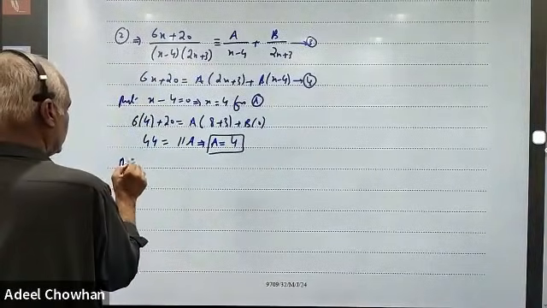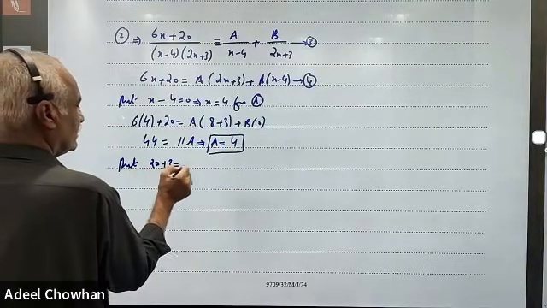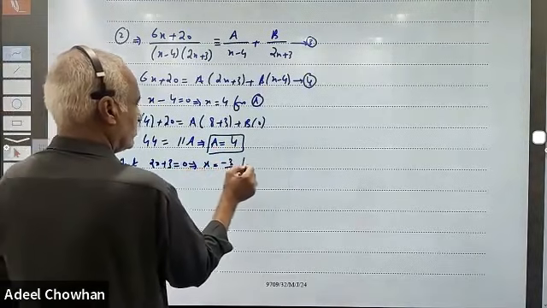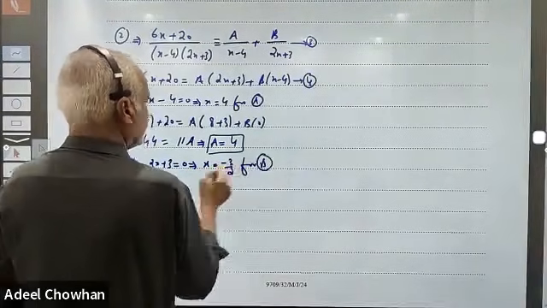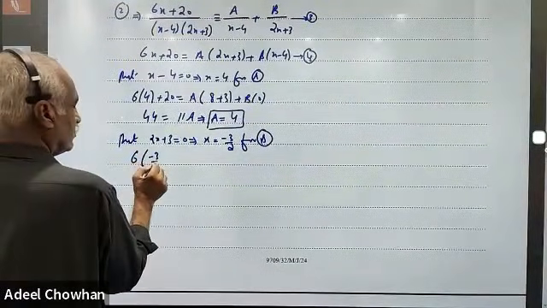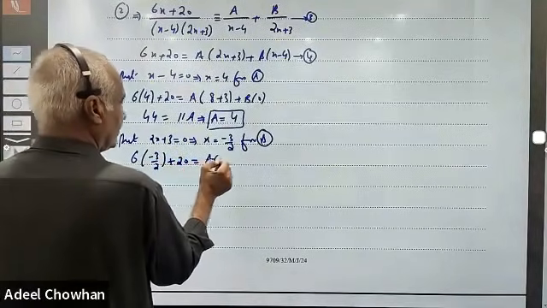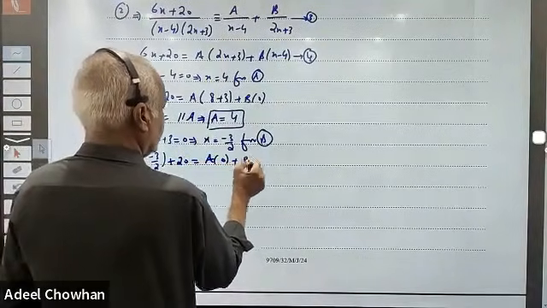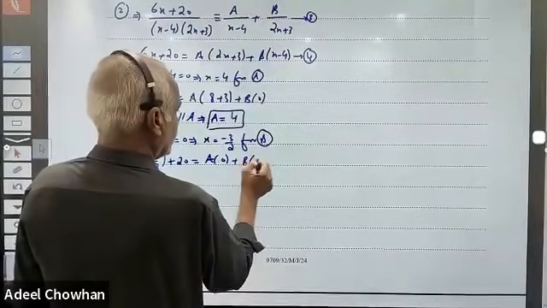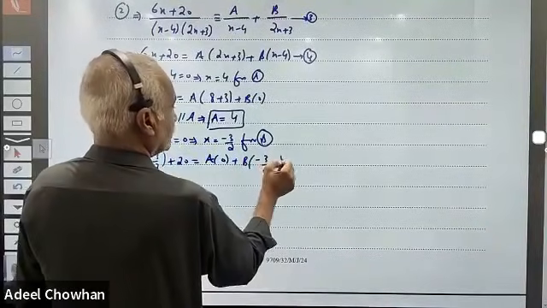Put 2x plus 3 equal to 0, then x is equal to minus 3 over 2, to find B. So 6 into minus 3 over 2 plus 20 is equal to A times 0 plus B times (minus 3 over 2 minus 4).